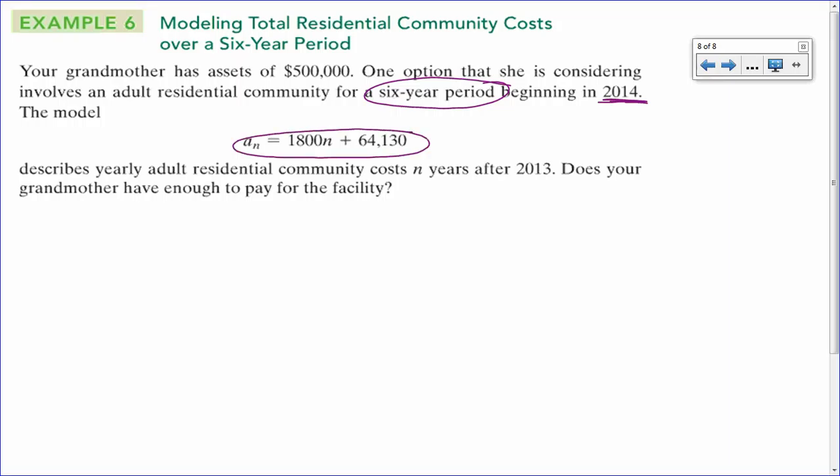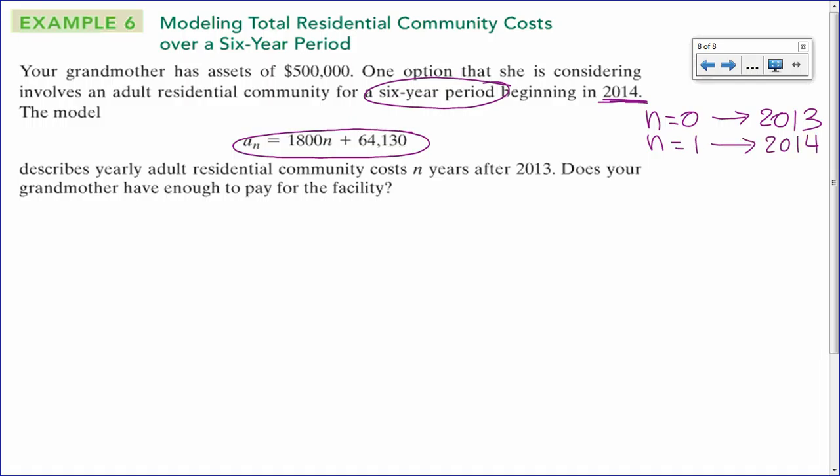And so there's the model already. The model describes yearly adult residential community costs in years after 2013. So n equals 0 will be the year 2013, and n equals 1 will be the year 2014.